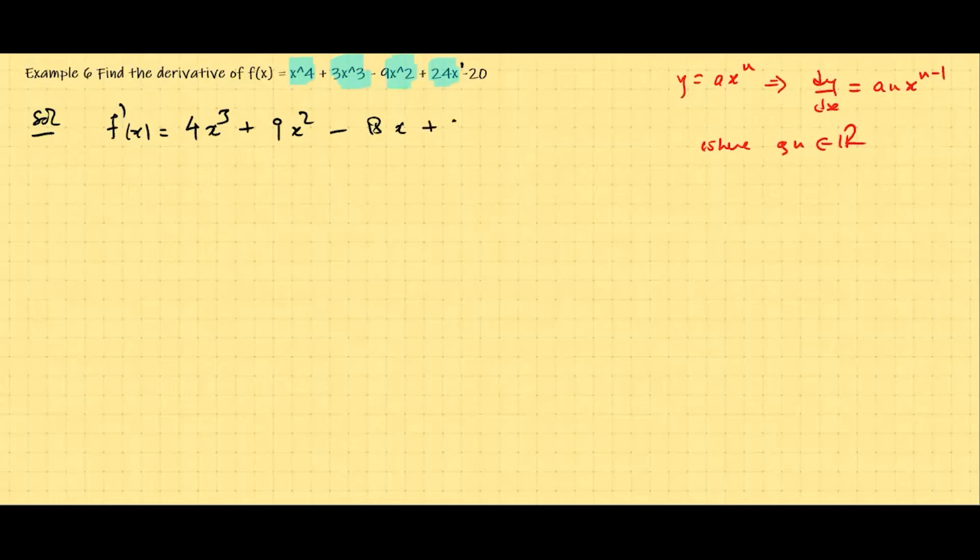So I just get 24. And last but not the least, minus 20 can be thought of as minus 20x to the 0. And using this rule here, I would get minus 20 times 0 times x to the minus 1, but of course, this whole thing is just going to give me 0. So the derivative actually is 4x cubed plus 9x squared minus 18x plus 24.